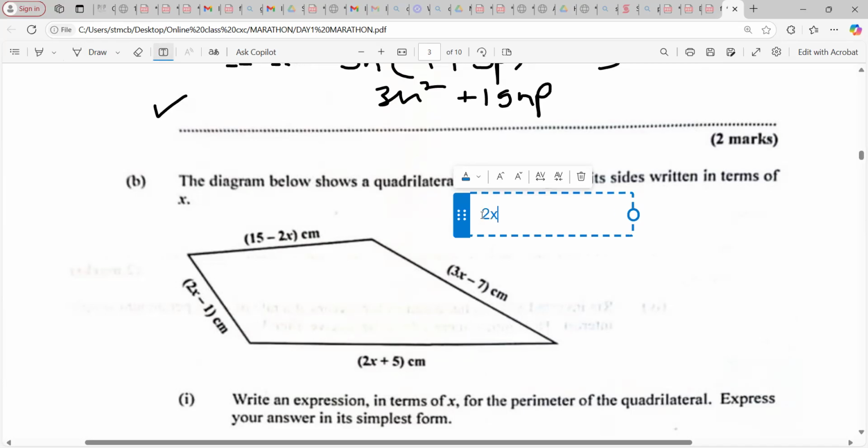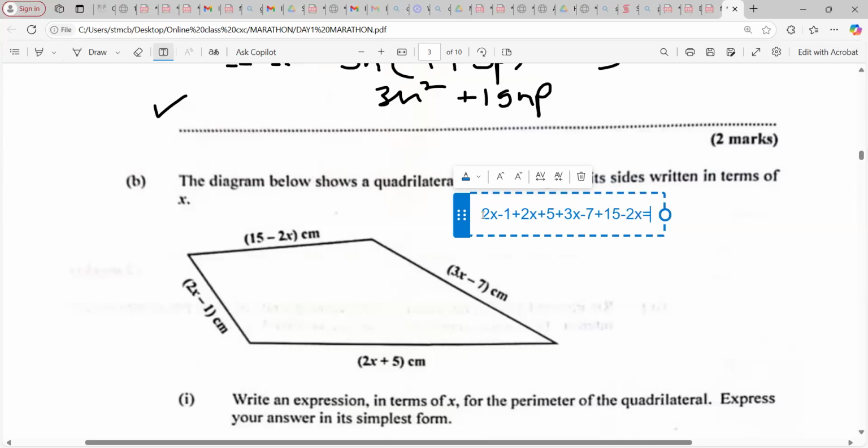So you have 2x minus 1 plus 2x plus 5 and then plus the 3x minus 7 and of course we have plus 15 minus 2x.